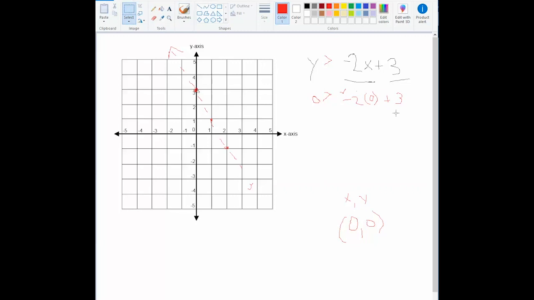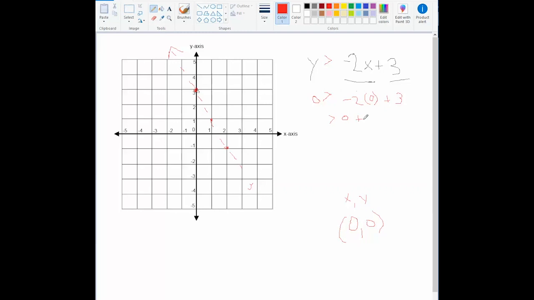Does this inequality make a true statement? Does the left side end up being greater than the right side? Well, if we run the numbers here, notice we plugged in the point 0, 0, this location right here on the graph. -2 times 0 is 0. Anything times 0 is still 0.